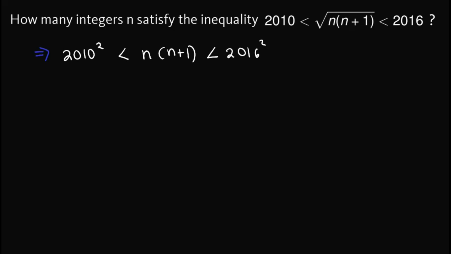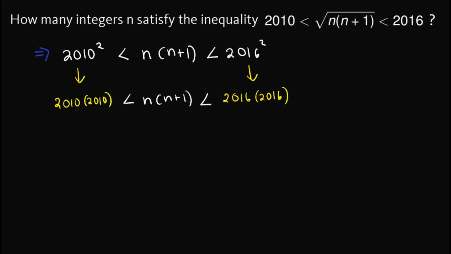Now observe that we can actually write 2010 squared as 2010 times 2010 and 2016 squared as 2016 times 2016. So bringing down the inequality, we have this inequality now.